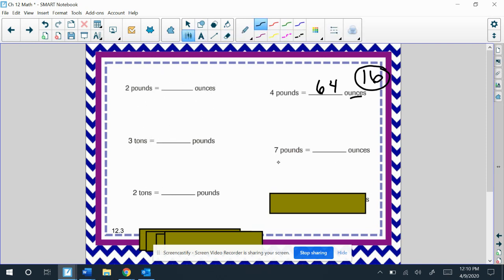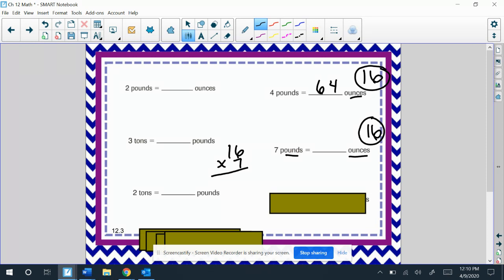I have 7 pounds and ounces, so I'm going to put the number 16 in the corner and circle it. That should tell me that I have 16 in 1 pound. But I have 7 pounds, so I need to multiply 16 by 7.